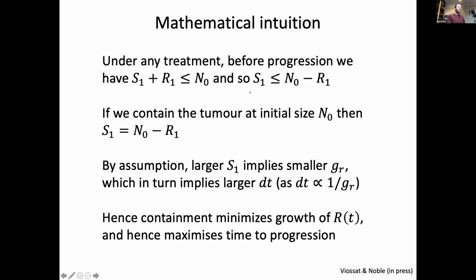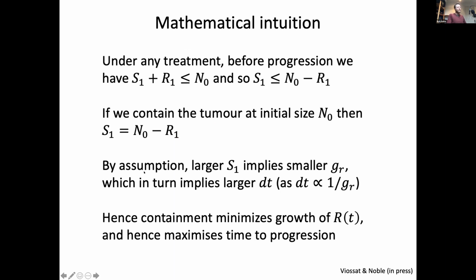And under any treatment, as I just said, before progression, we must have S1 plus R1 less than N0. So in other words, S1 must be less than or equal to N0 minus R1. If we adopt our idealized containment strategy and we contain the tumor at initial size N0, then we get equality. So S1 exactly equals N0 minus R1.